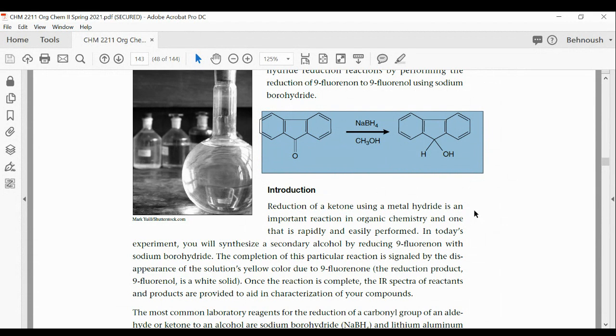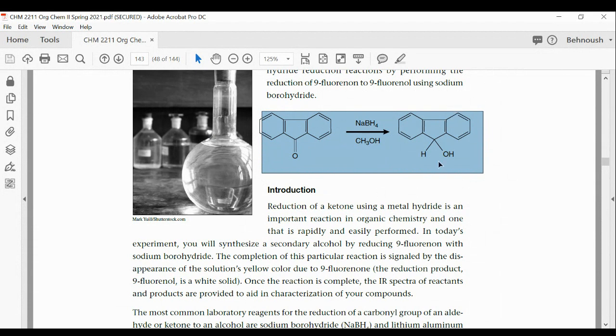So we have to use evidence. It has to be evidence-based, which could be a physical property, or a spectroscopy technique such as IR. There are other spectroscopies that could be used, but the one that we are using in the lab is IR.